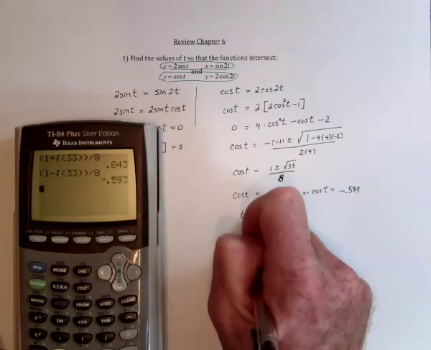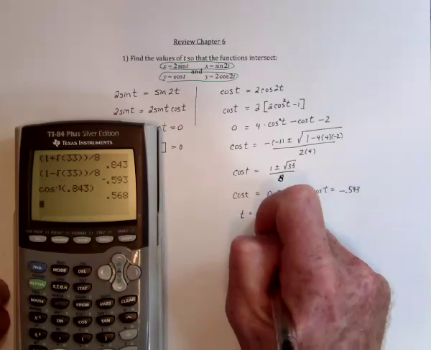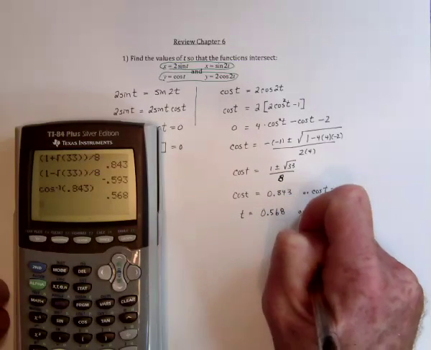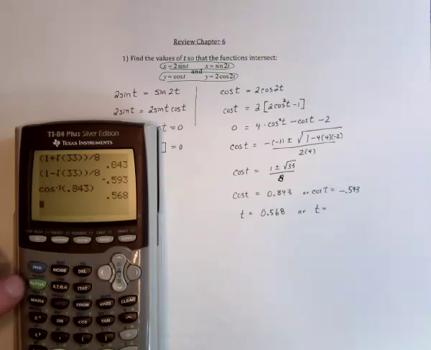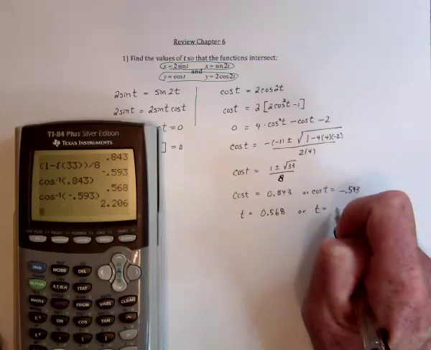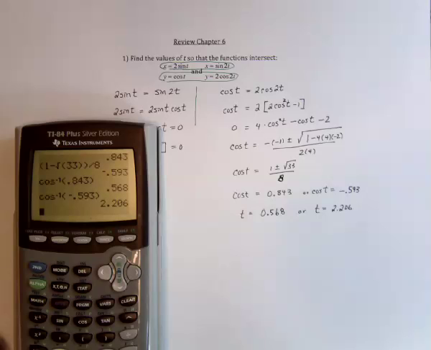And now take cosine inverse. So cosine inverse of 0.843, t equals 0.568, or cosine inverse of negative 0.593 is 2.206 in radians.